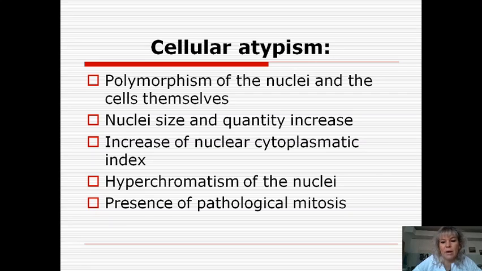Hyperchromatism of the nuclei: dark blue, or maybe dark gray and black color of nuclei as a result of increased metabolism, and presence of pathological mitosis.